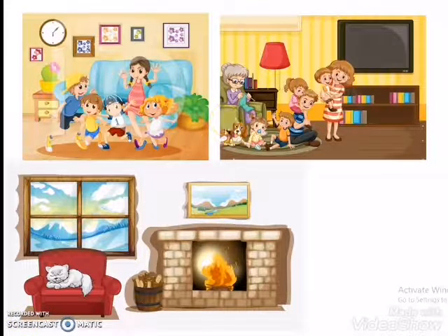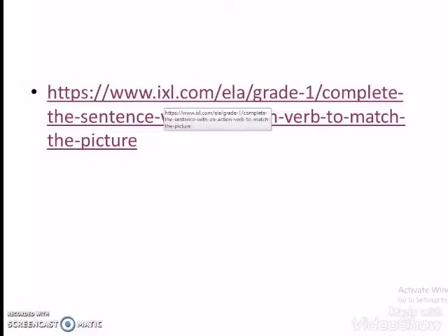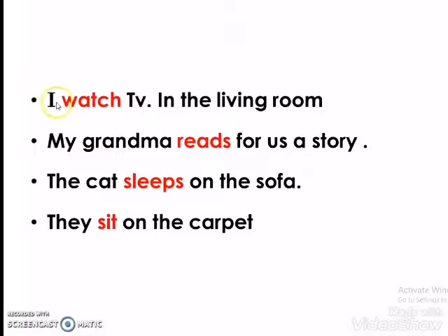Okay, now let's look at this picture. The family are sitting in the living room. We are going to tell what activities we do in the living room. For example, I watch TV in the living room. Where is the action verb in this sentence?